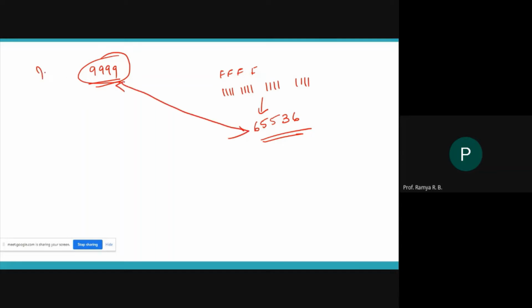The largest 4-digit number that you can represent in the decimal system is 9999, whereas the largest 4-digit number that you can represent using the hexadecimal number system is 65535. Look at the magnitude of increase here. If somebody tells you that you are going to get a 4-digit salary, which number system would you prefer?